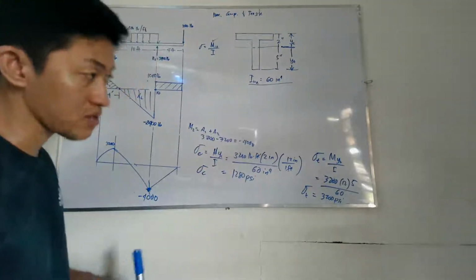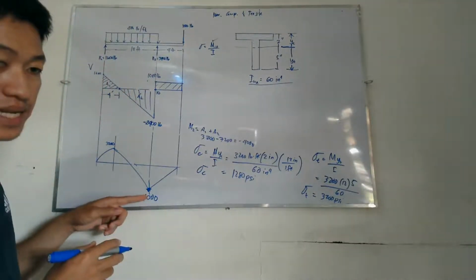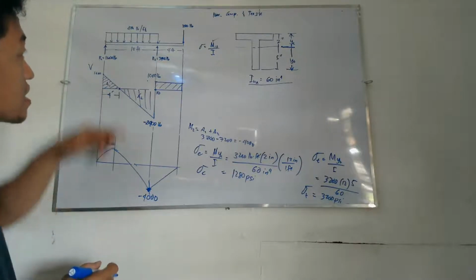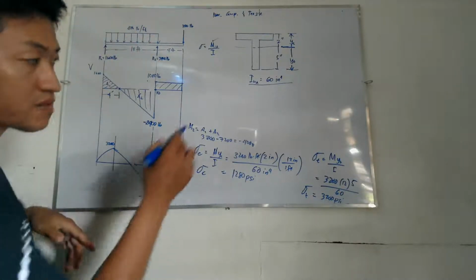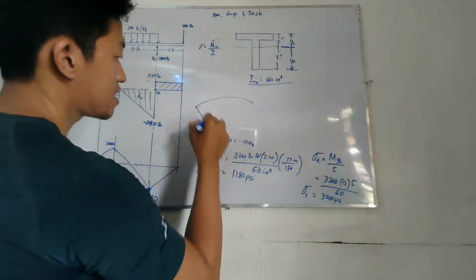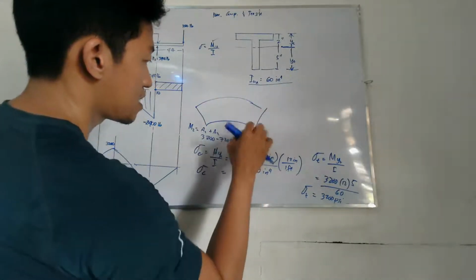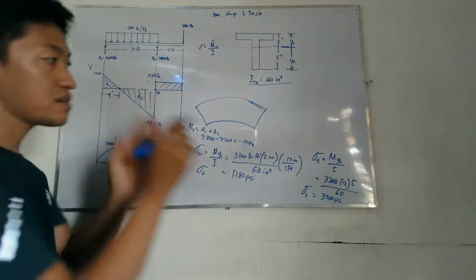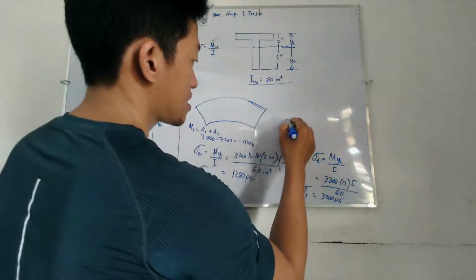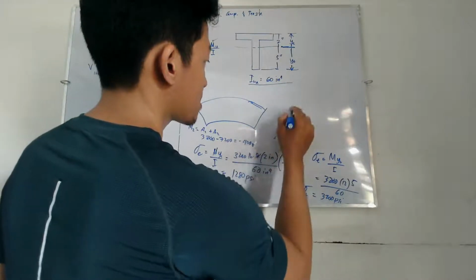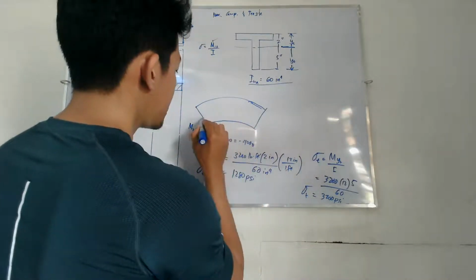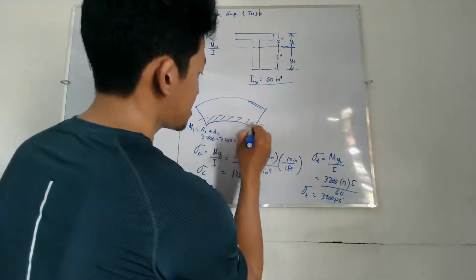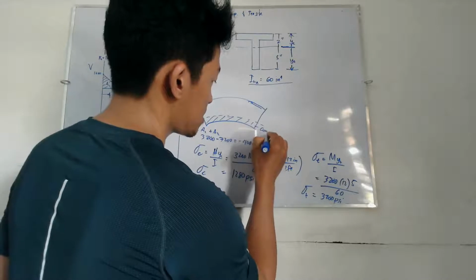Dayon, gamiton na nato ni pag negative man. Negative man. So, pasabot ani downward imong force. Ang downward nga force, ang beam. Kung upward ang force, siyempre, pasabot ani kaning part ang mabali, compression.